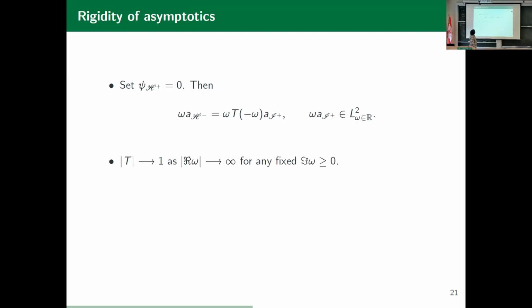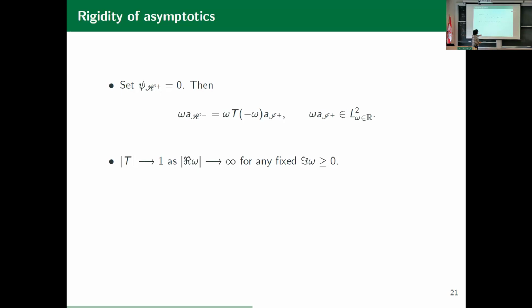Okay, so now we look at the asymptotics of T for fixed L as omega goes to infinity, and we find that the norm of T approaches unity for large frequency. This is to be expected. If you think about it in terms of barrier scattering, if the energy is larger than the peak of the potential, then most of the signal will go through. And this holds not just for real frequency, but also for imaginary frequency.